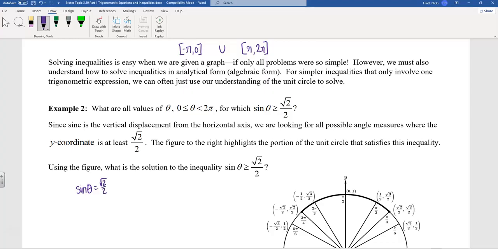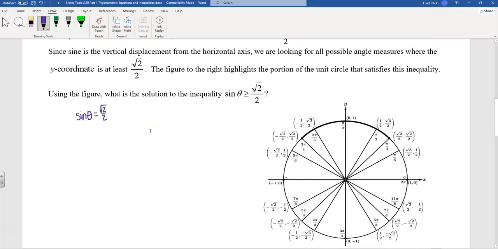We found that a lot, right? And where does sine of theta equal positive square root of 2 over 2? Sine is your y-coordinate, so that happens right here and also right here. So at pi over 4 and 3 pi over 4.